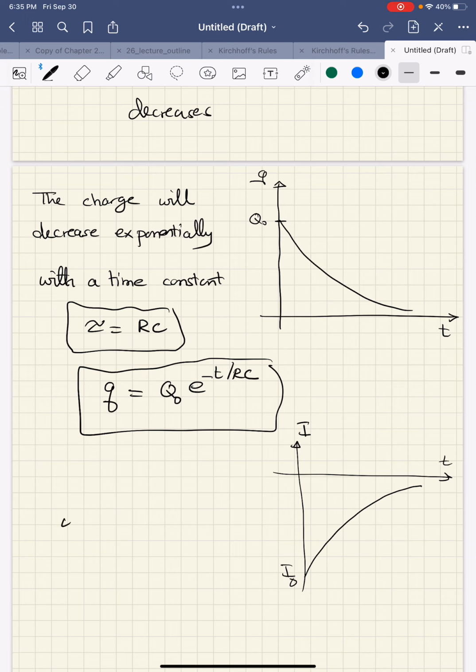Here, I is going to be dQ over dt, and therefore it is going to be negative Q0 over RC e to the minus t over RC, or we can say it is I0 e to the minus t over RC. Okay, I'm going to stop here, and then later move to problems.